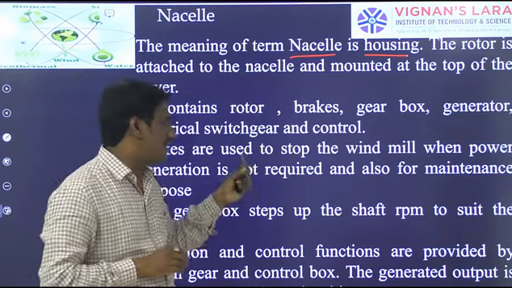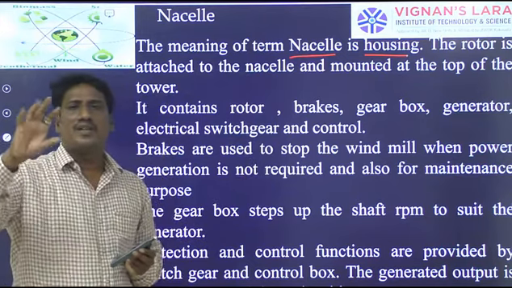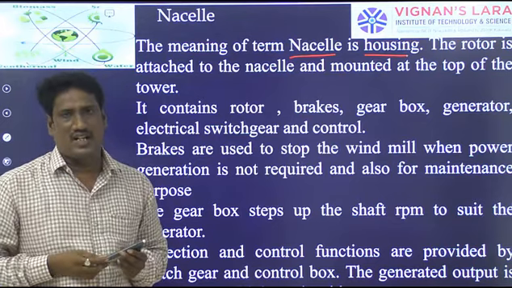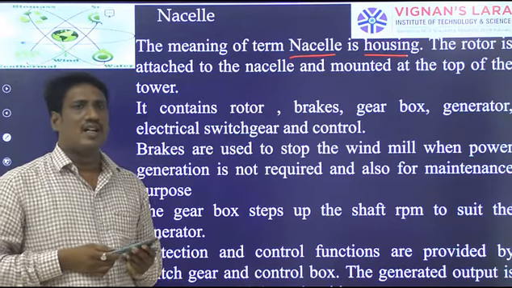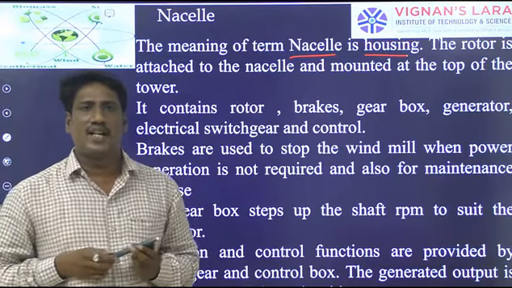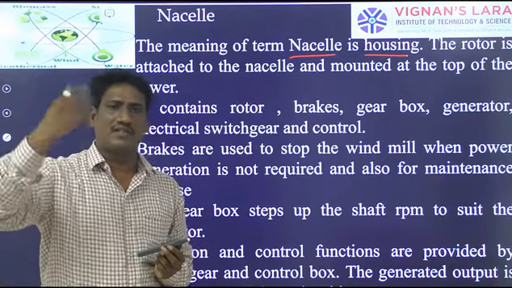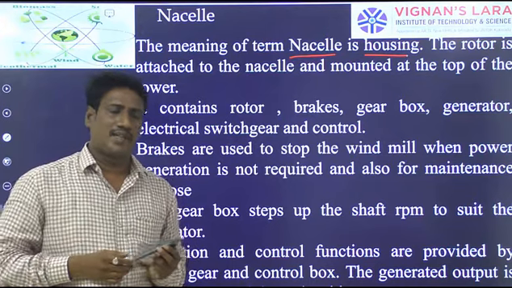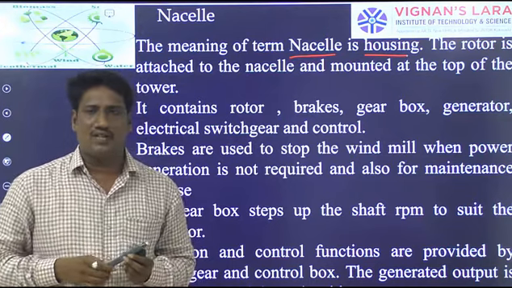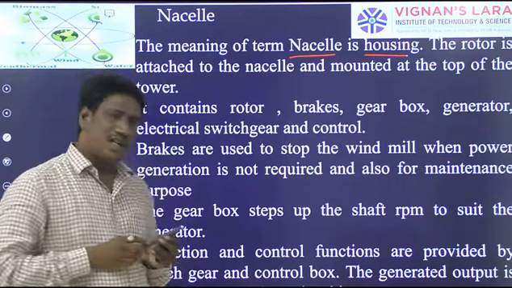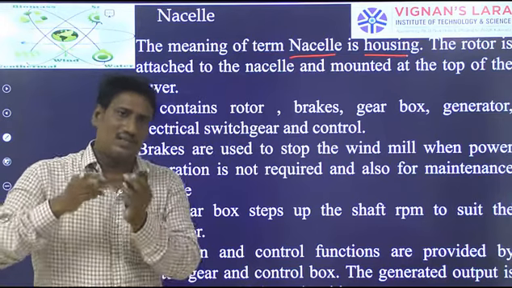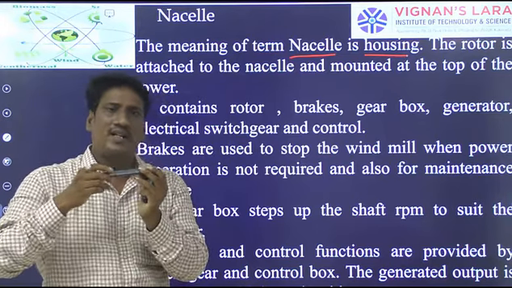Inside we are also using a gearbox. The gearbox is used for stepping up the speed of the rotor shaft. You already know the wind speed is uncertain. Sometimes you will get strong winds and sometimes weak winds, so the shaft speed will be uncertain.